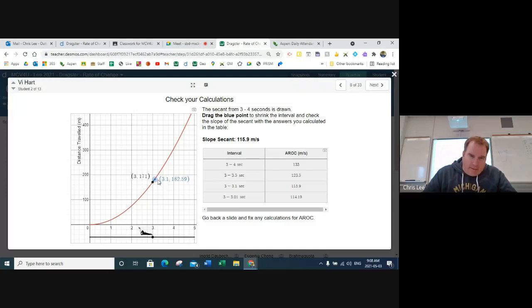And then we go even smaller, to a secant between 3 and 3.01 seconds. And it turns out that that little secant is 114.19 meters per second. Okay, so we've shrunk it down into smaller and smaller representations of how steep the curve is right around this 3-second mark.